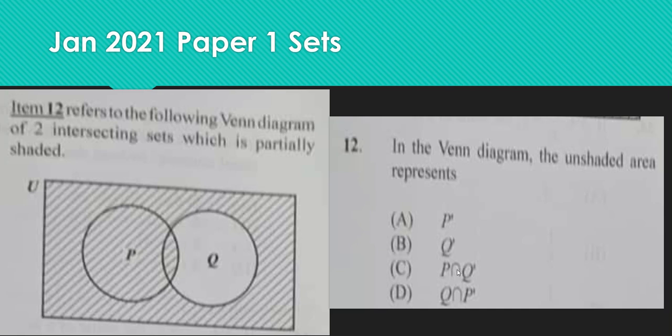P intersecting Q complement combines P and everything outside of Q, which is not correct. Q intersecting P complement is the answer. It would be Q intersecting everything outside of P. So D means Q only. That is how you would get your answer for this one.